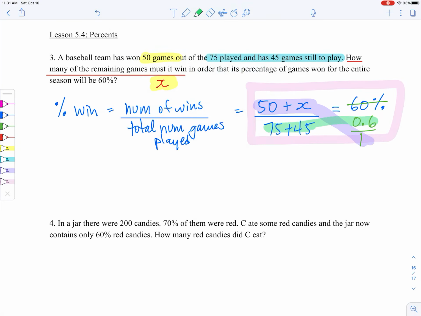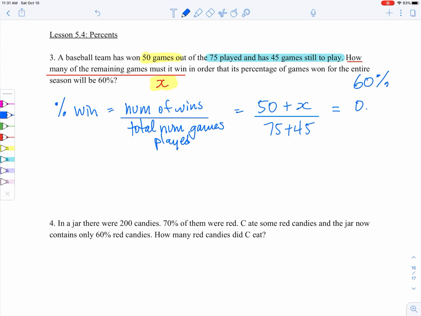I'm going to erase that whole thing so that it's easier. Instead of 60%, I'm going to write it as a decimal, which is 0.6, and write it as a fraction so it makes it easier for us to cross multiply.